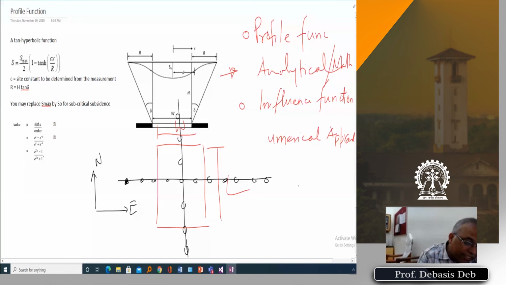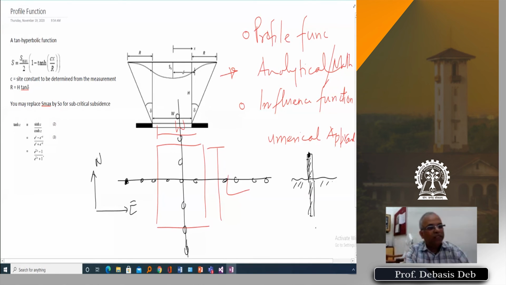So if this is the ground, inside the ground it goes a little bit, and above the ground it is there. Now we are measuring the displacement of this top point. This is my ground, and this is a monument or a pillar. So we are measuring the displacement of this point.